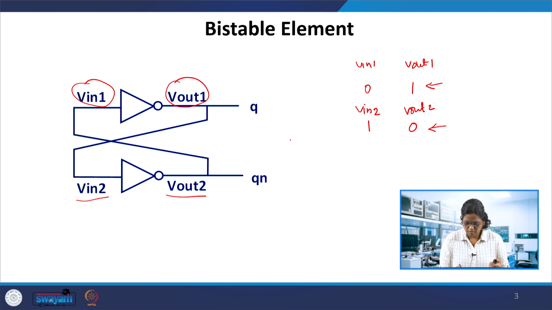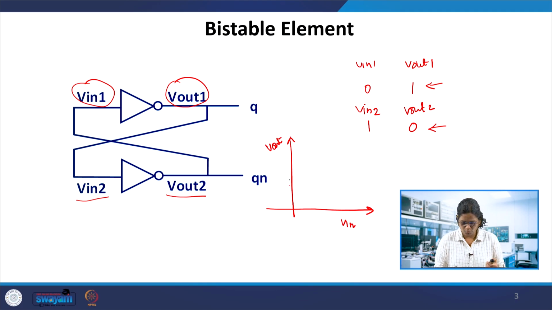This can even be characterized with a diagram, where this is V in and this is V out, so V in 1 and V out 1. For a certain level of V in 1, the input and output relation is this. If V in is low, the V out is going to be high for a particular level of inputs.